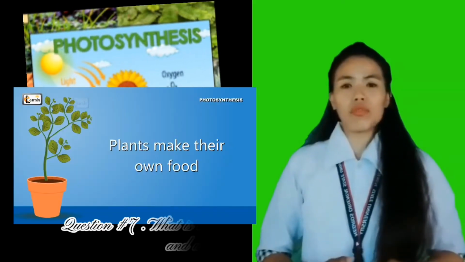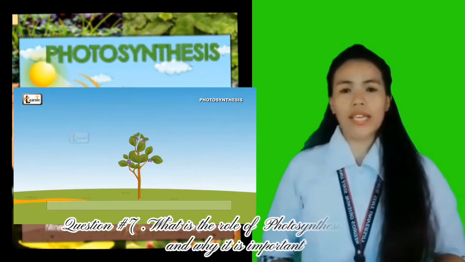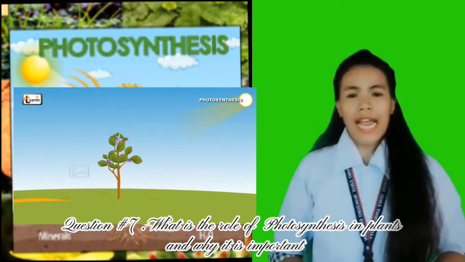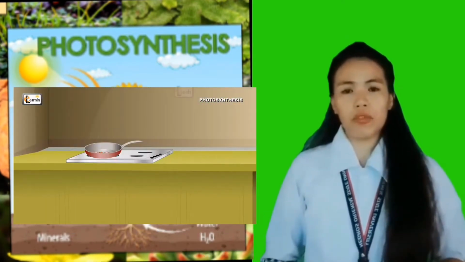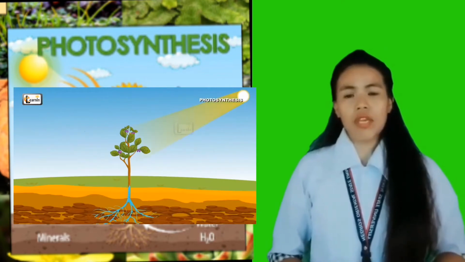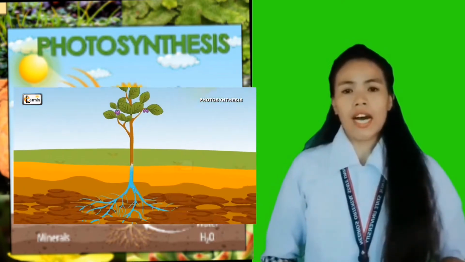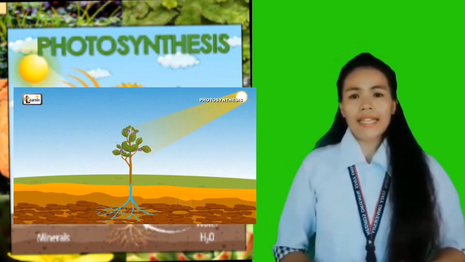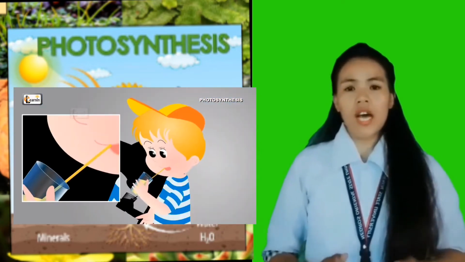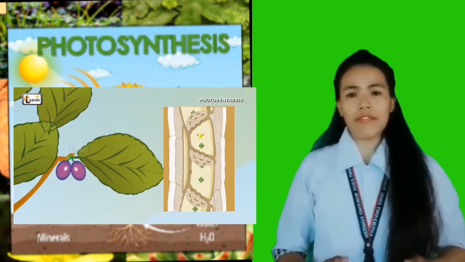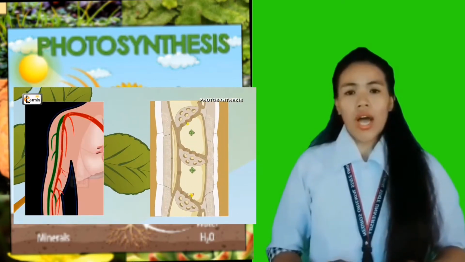What is the role of photosynthesis in plants and why is it important? Green plants and trees use photosynthesis to make food from sunlight, carbon dioxide, and water in the atmosphere. It is their primary source of energy. The importance of photosynthesis in our life is the oxygen it produces.